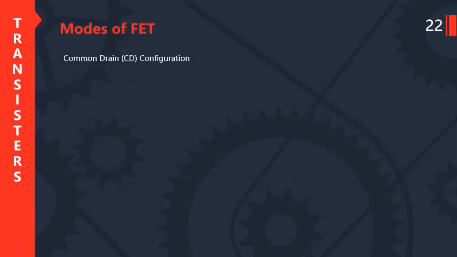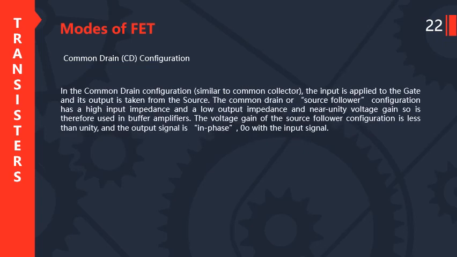Third is common drain configuration. In a common drain configuration, the input is applied to the gate and the output is taken from the source. The common drain or source follower configuration has a high input impedance and a low output impedance, and a near unity voltage gain, so it is therefore used in buffer amplifiers.